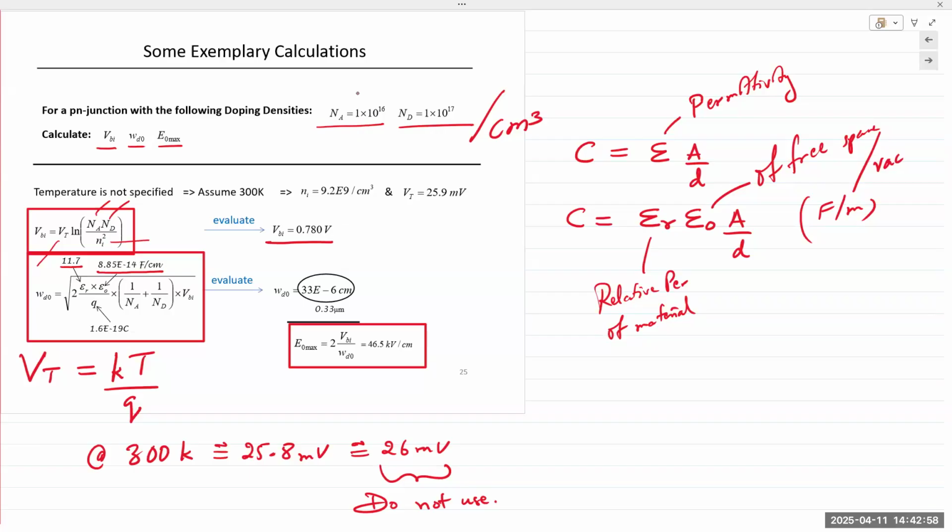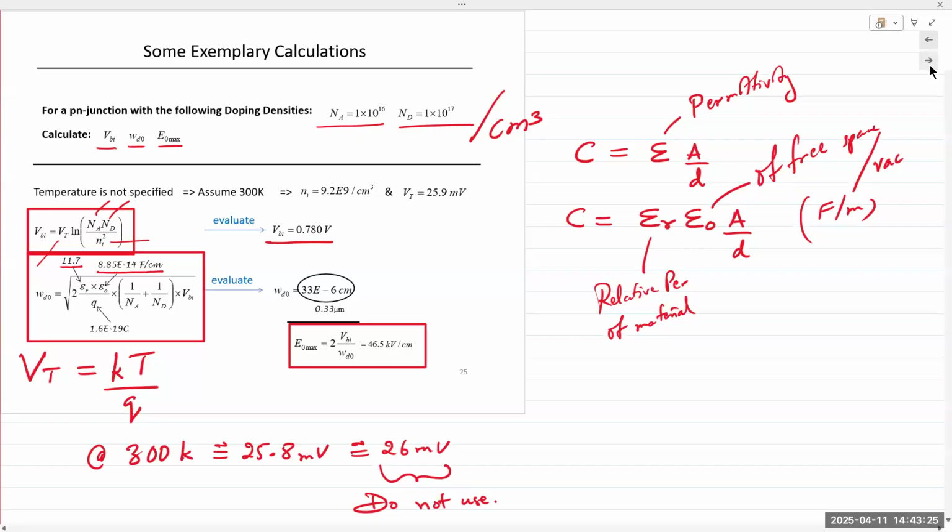You can try the same equations and calculations by plugging in any number you want. Just plug in 10 to 15, 10 to 17 on one side, run that calculation, and see what you get. So you can calculate the built-in potential for any doping concentration. It is simply plug in.